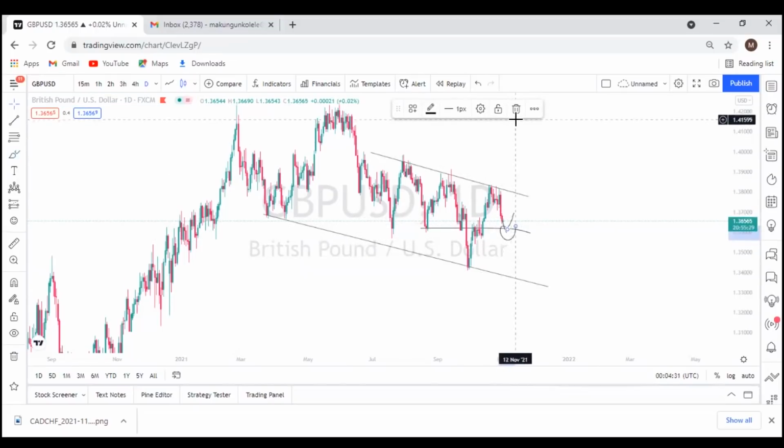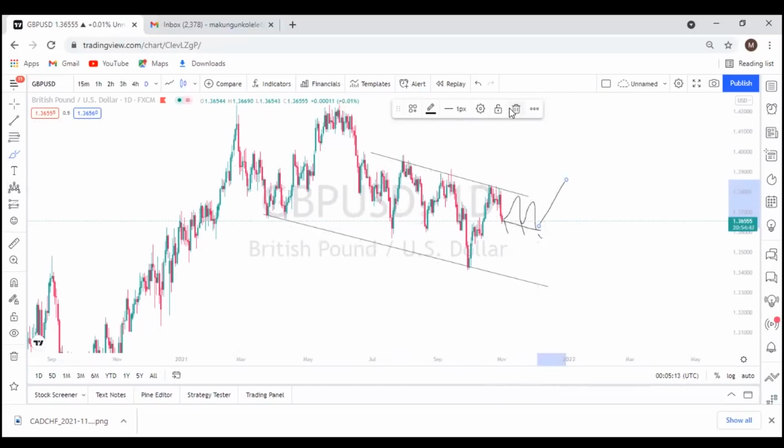So the third possibility is that the price, from where it's at, can form a flag right here. So it's gonna have the 1, 2, 3 structure, right? And just buy from this point.